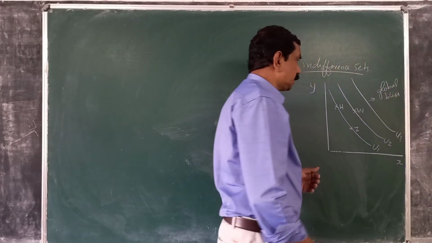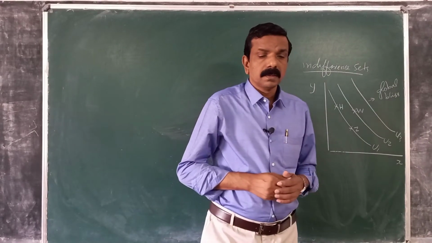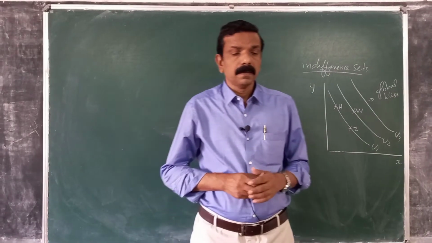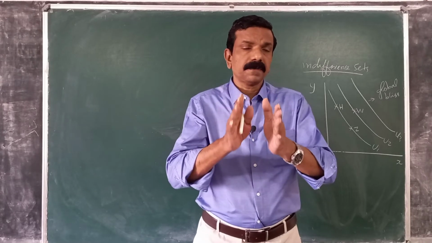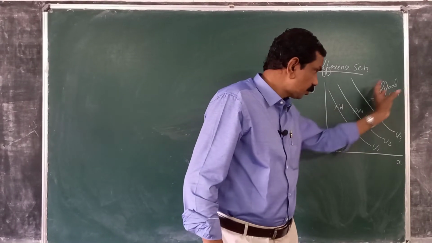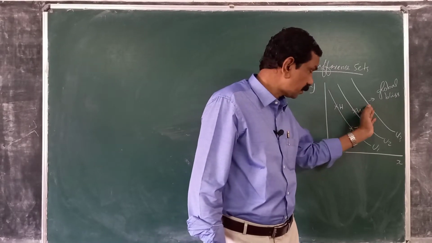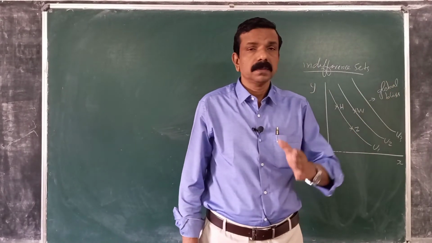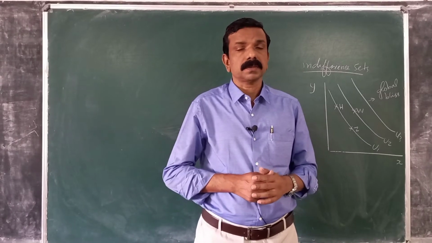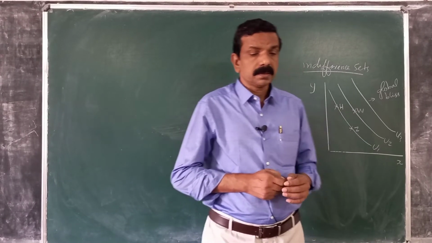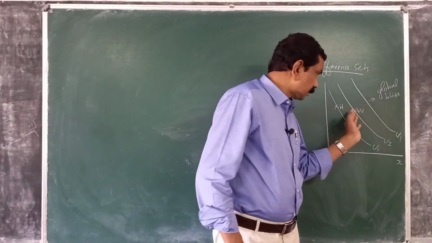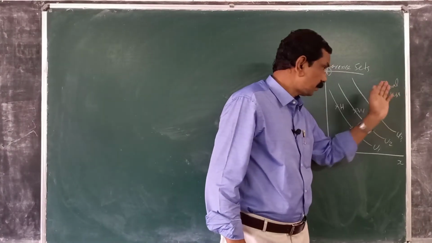The non-satiation assumption states that as the consumer moves towards the right, from one indifference curve to another, the level of utility increases, and his aim is to reach global bliss.